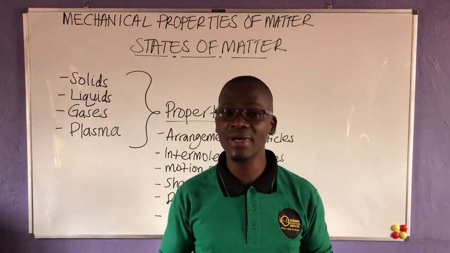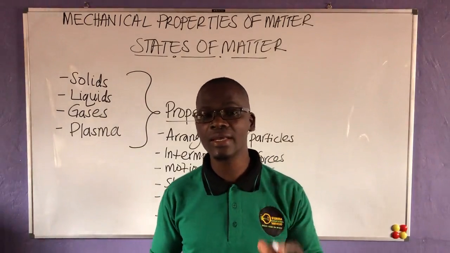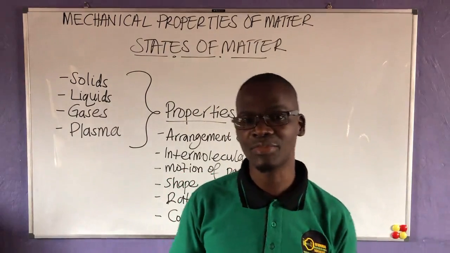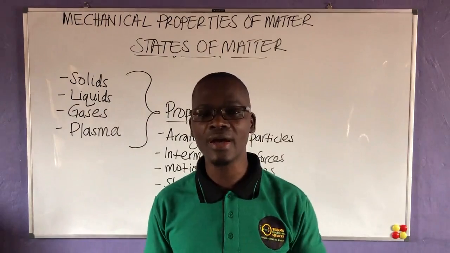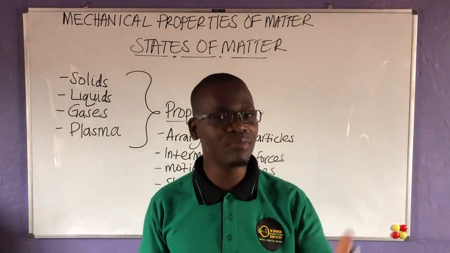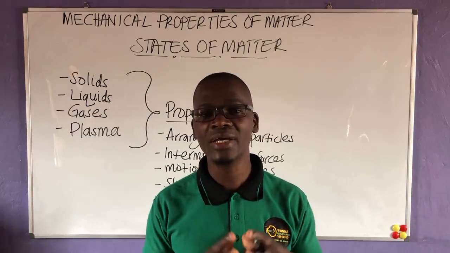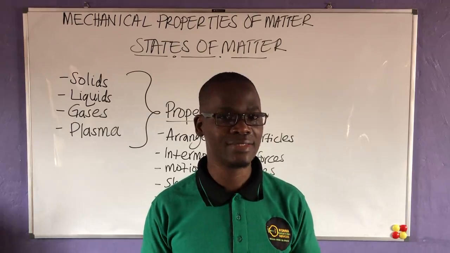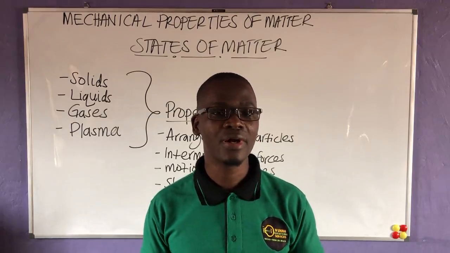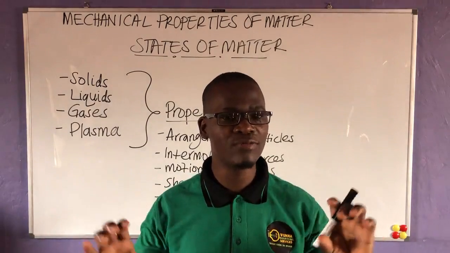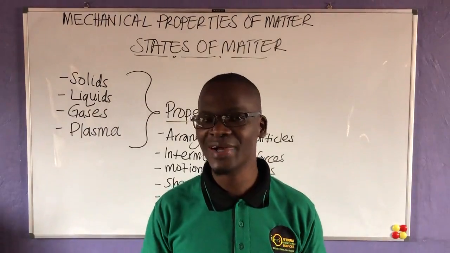However, plasma state is a state of gas at very high temperatures. When the gas is heated at high temperatures, the molecules that make up the gas get charged, and therefore they get ionized, and that ionized state of gas is what we call plasma.